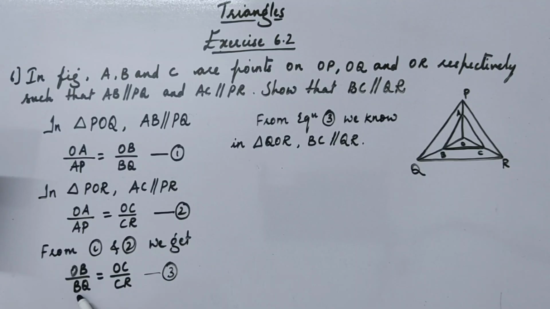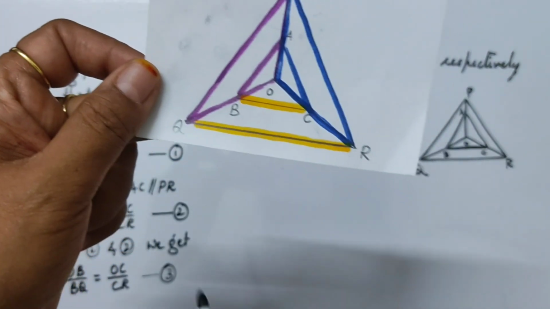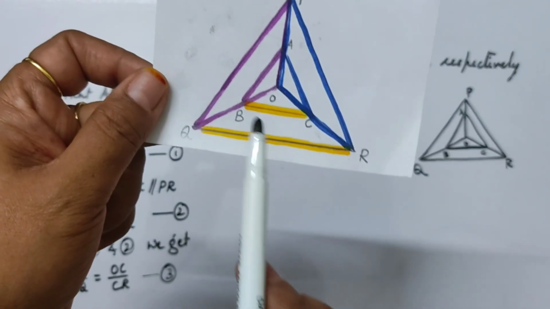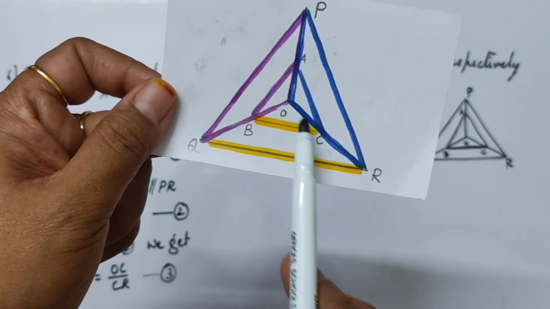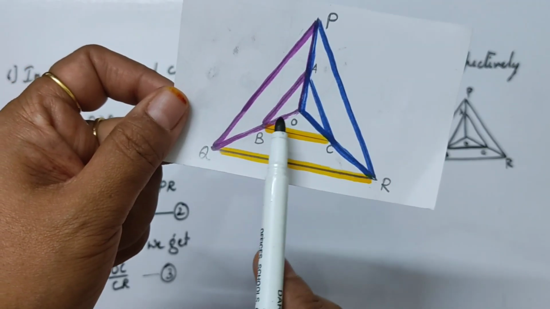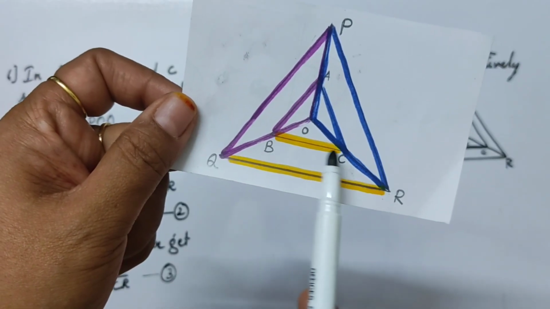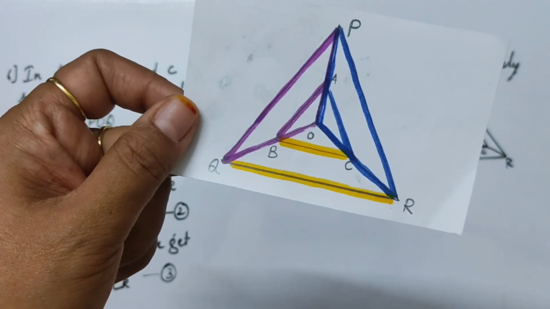OB by BQ equals OC by CR. QOR is a triangle, and we got the ratios, so therefore I can say that BC is parallel to QR, right, students? I hope this is clear to you all.